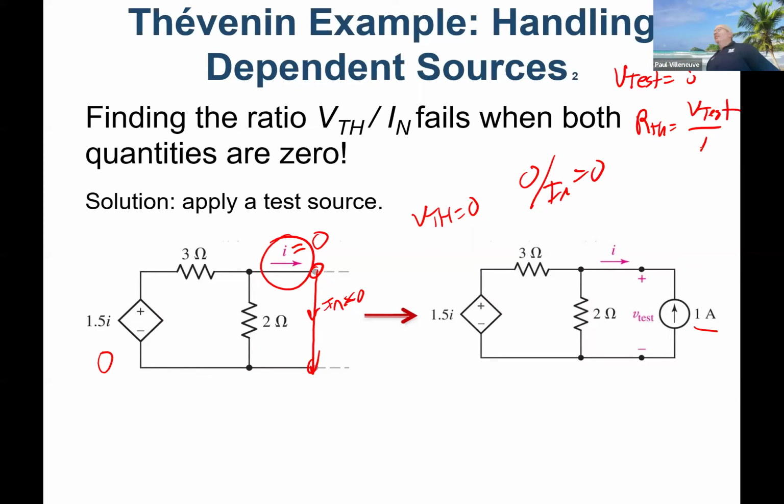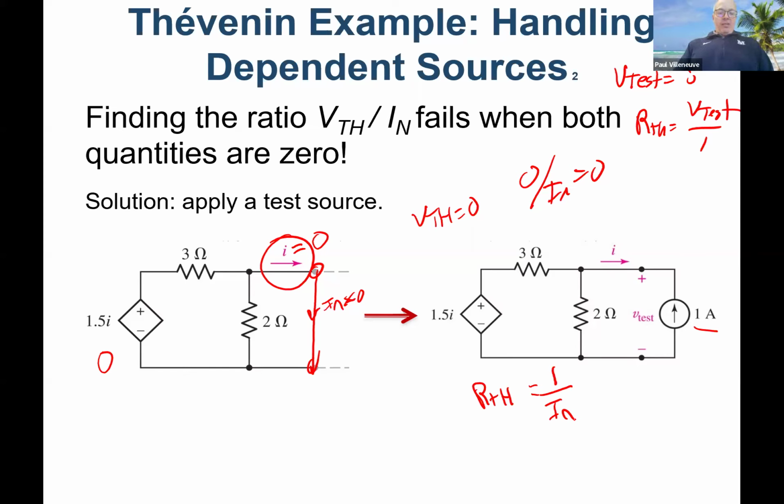So it's really easy if you use 1. If you use a voltage source, then it would be 1 over whatever the value is. So then you just take the reciprocal of it and you got the answer.